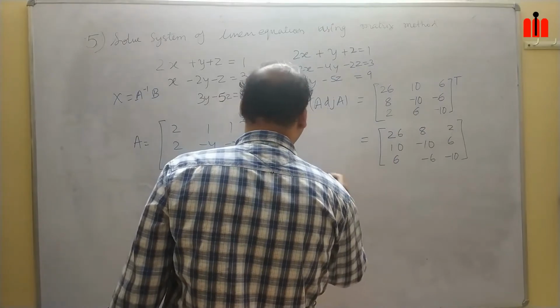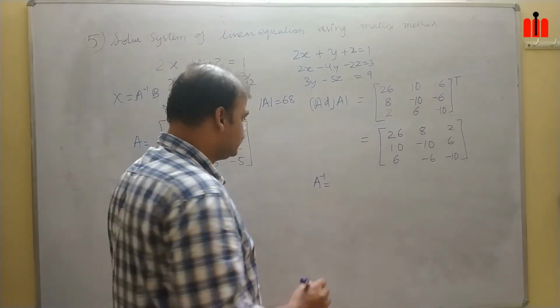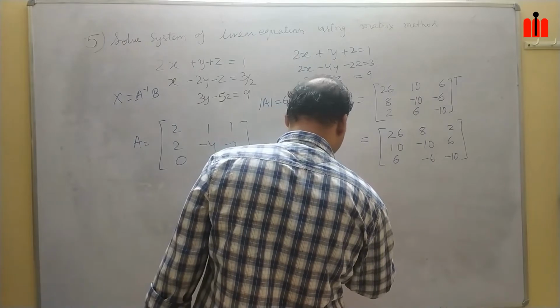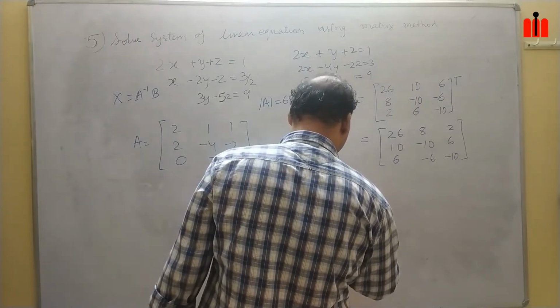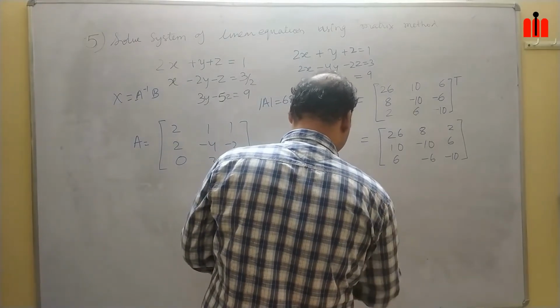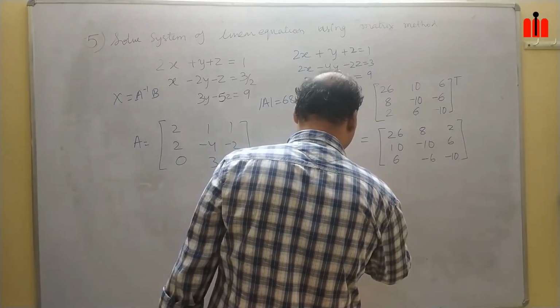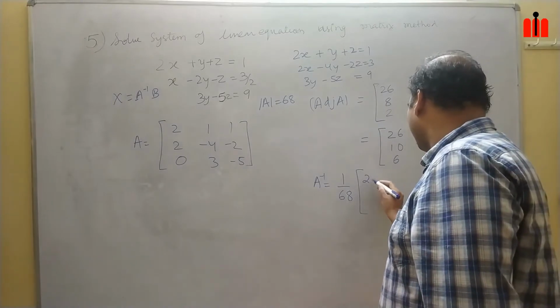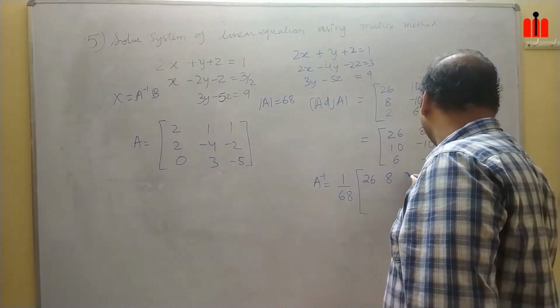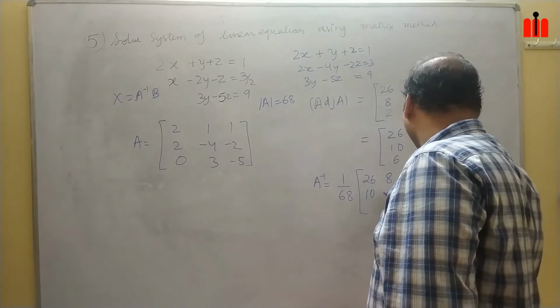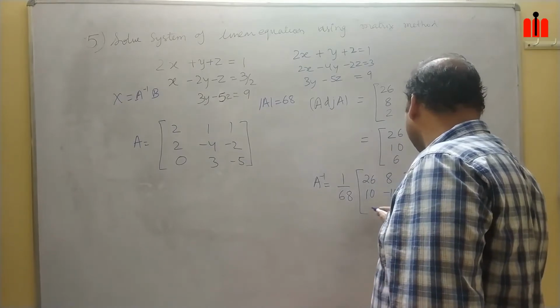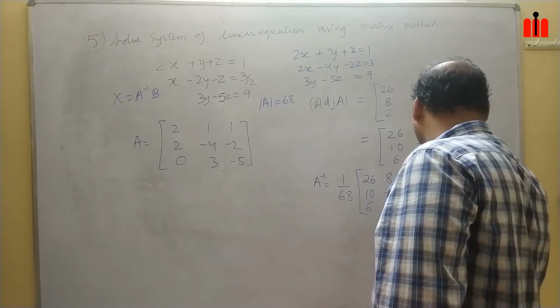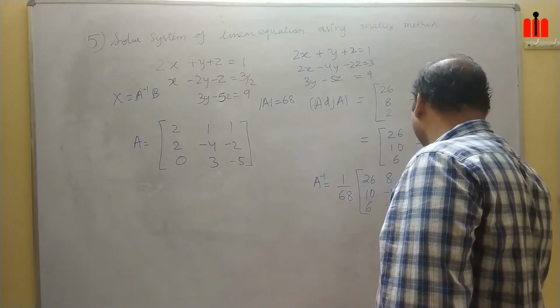My A inverse will be 1 by determinant A into adjoint A. So 1 by determinant A is 1 by 68, and adjoint A will be 26, 8, 2, 10, minus 10, 6, 6, minus 6, minus 10.